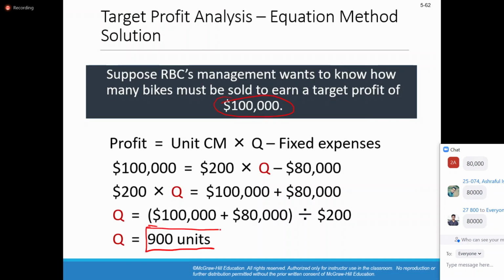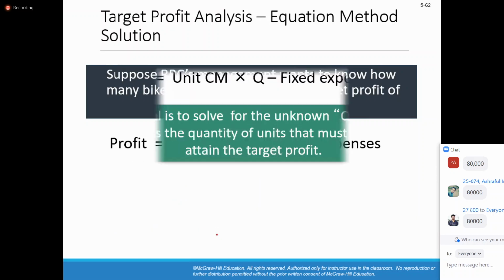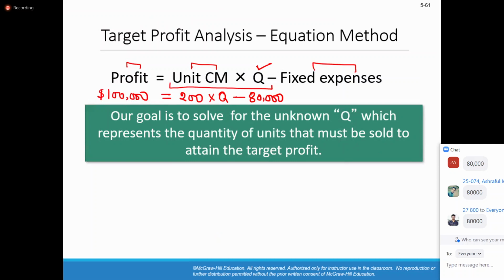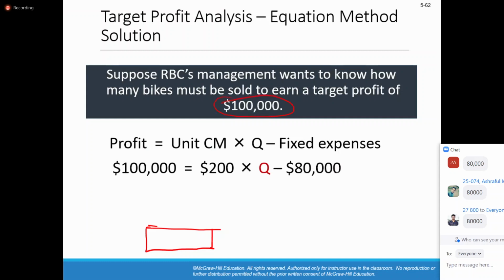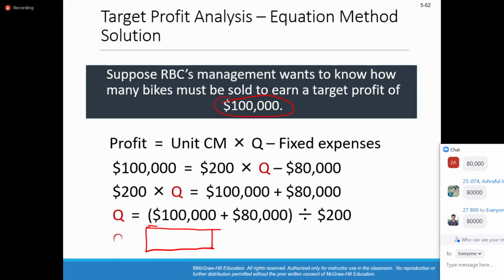If you solve the equation we wrote in the previous slide, you would get Q equal to 900 units. What does it indicate? It indicates that I need to sell 900 units of bikes to have a profit of $100,000, given that the selling price, variable cost, and fixed expenses are maintained as before.